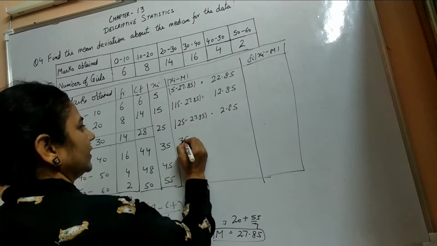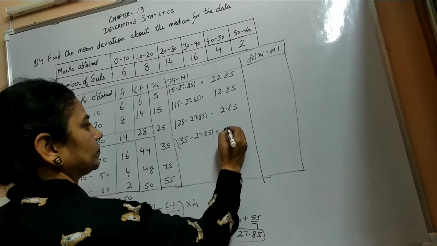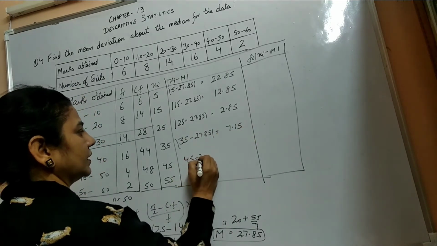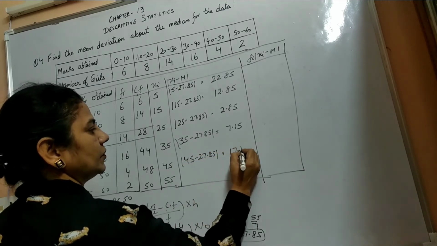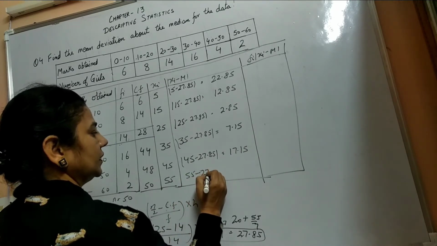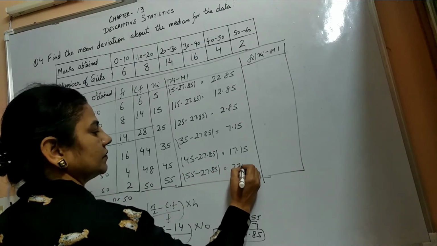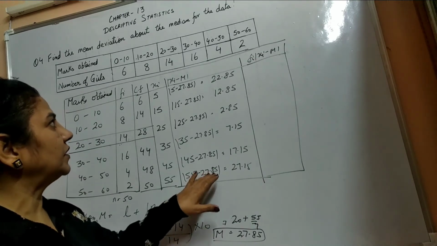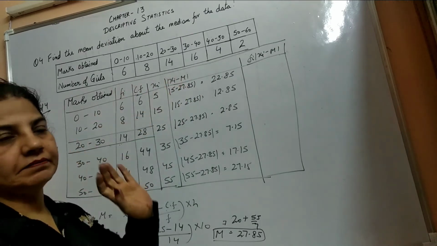For 35 minus 27.85, you will get 7.15. 45 minus 27.85 gives 17.15. 55 minus 27.85 is equal to 27.15. We subtract 27.85 every time because 27.85 is my median, and I have to find xi minus median.